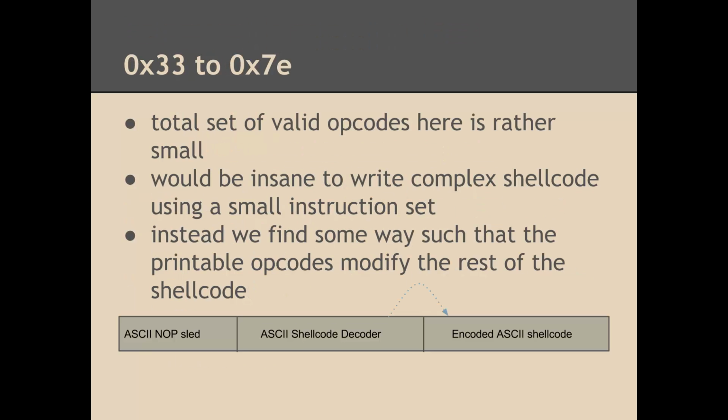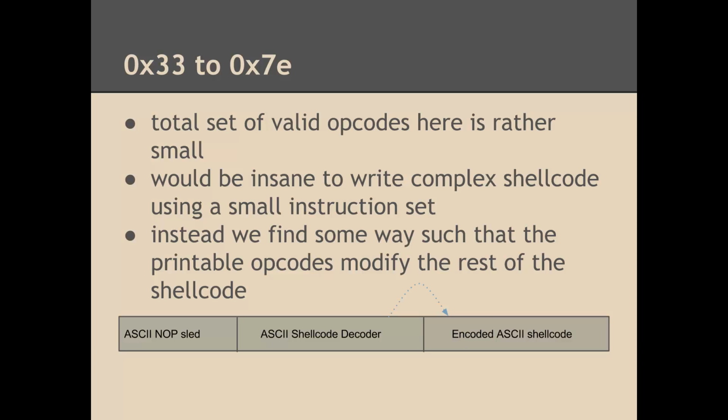It would be pretty insane to do it a different way and, for instance, write very complex shellcode using that tiny instruction set. I have some slides here demonstrating just how complicated that would be just for NOPs and for zeroing things out.